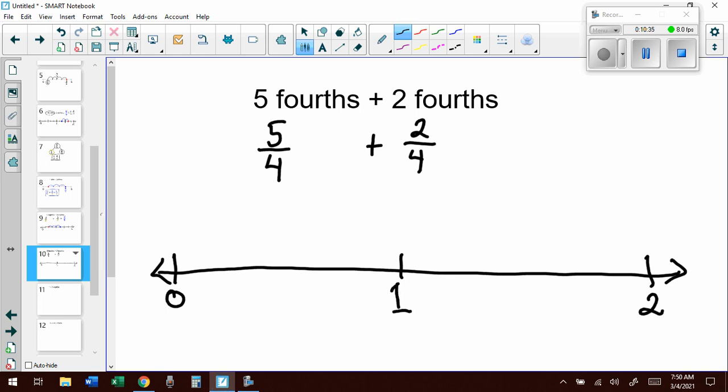And our denominator is 4, so we need to partition each half in half. So we have 1, 2, 3, 4.